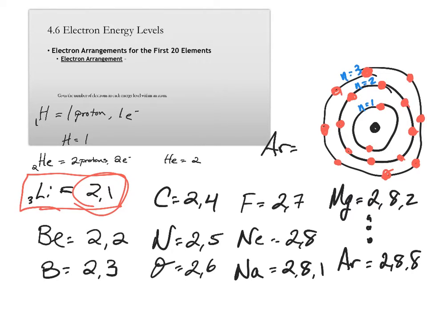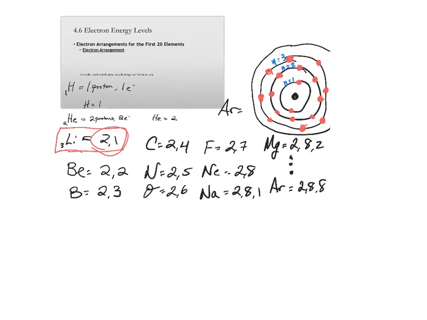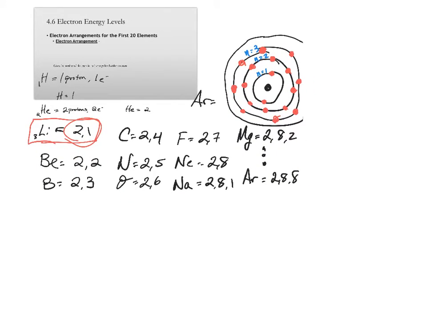And it says the first 20 elements, so argon is the 18th element. We have to go down to the 4th energy level to get to the 20th element here. After argon, we have potassium. So potassium would be 2, 8, 8, and 1.